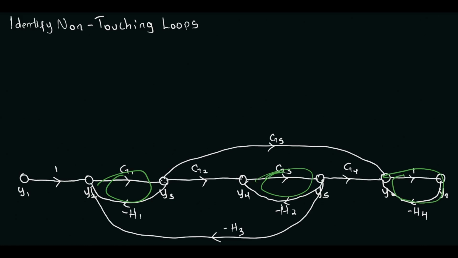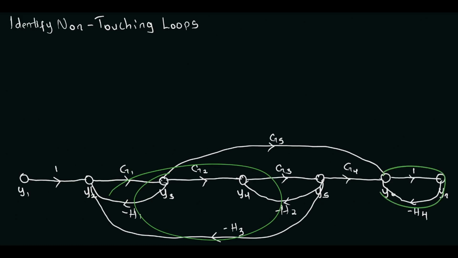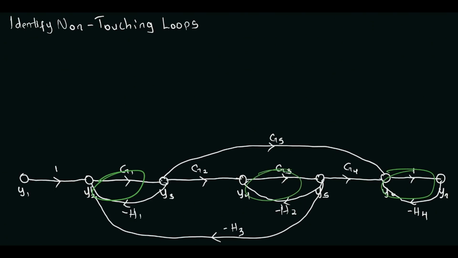And also this loop here is not touching this loop, and this loop is not touching this loop. So that's four non-touching loops. You can also look at it as three non-touching loops, like we have one, two, three that are not touching. So let's get to work.